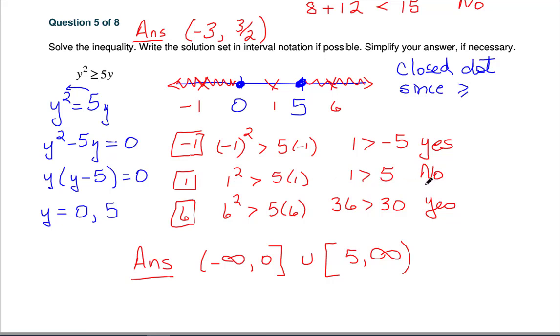No, that's not true. So nothing is shaded. I try the 6. 6 squared, is that greater than 30? Yes, that is true. So I shade the right, and so I get everything on the left, including the 0, everything to the right, including the 5.